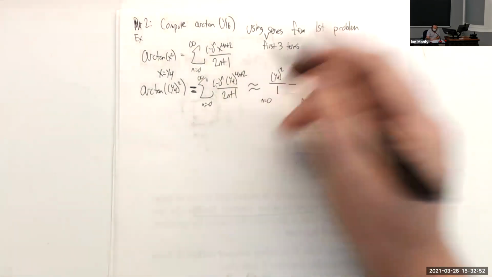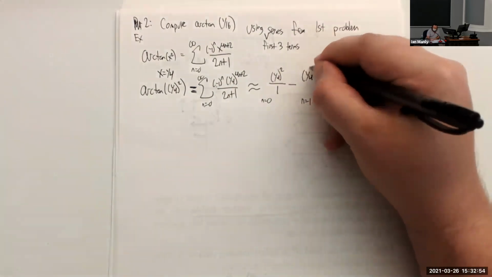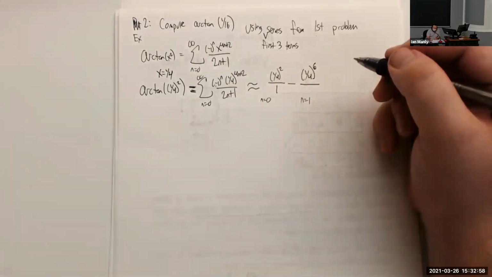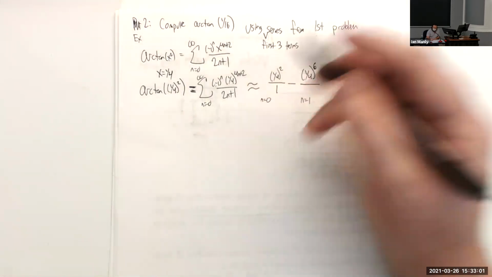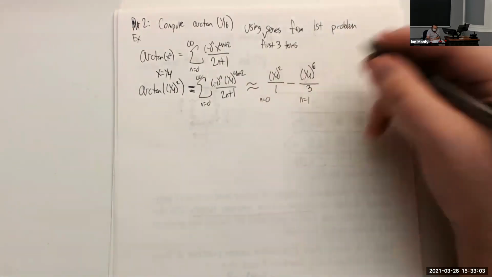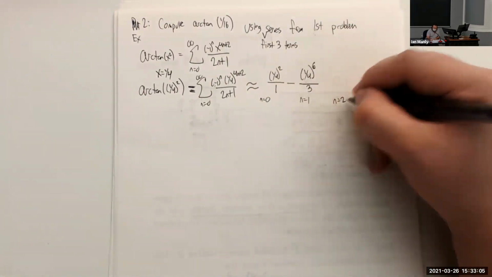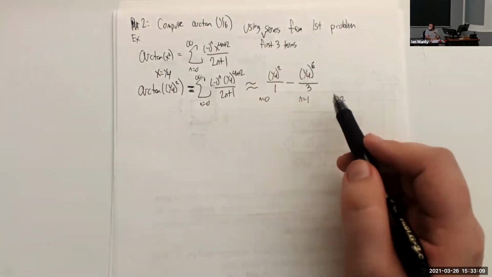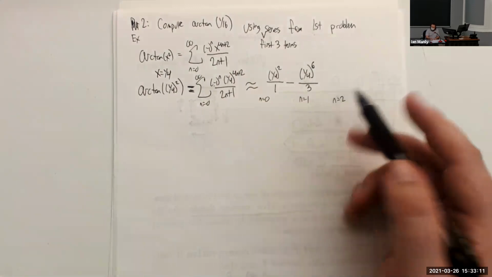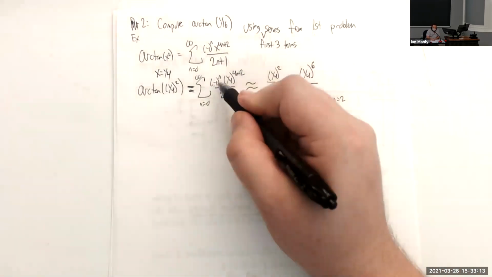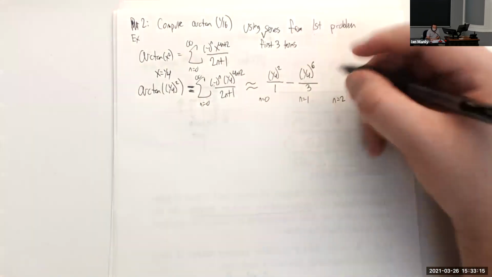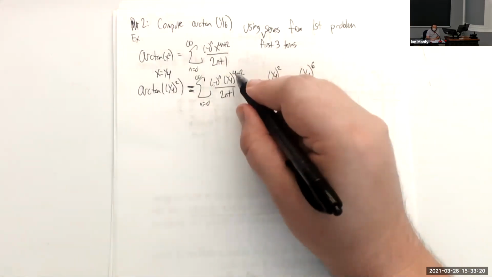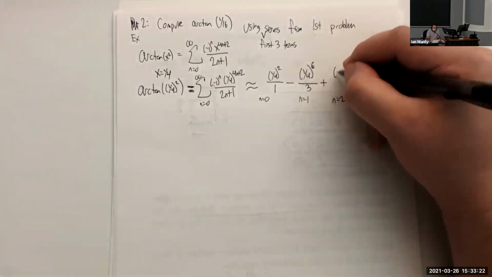I plug 1 in, and now I have (1/4)^6, and then I divide by 1 times 2 plus 1, which is 3. And then my last term, since I wanted to add the first 3 terms, I have 0, 1, and then 2 right here. So I plug in n equals 2. (-1) squared is 1, positive. I have (1/4)^(4 times 2 plus 2), so that's (1/4)^10.